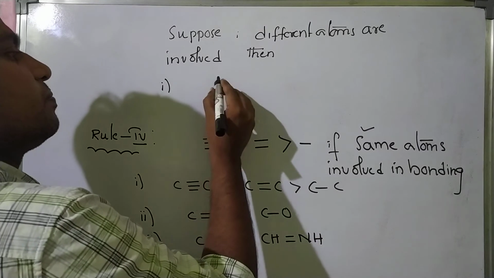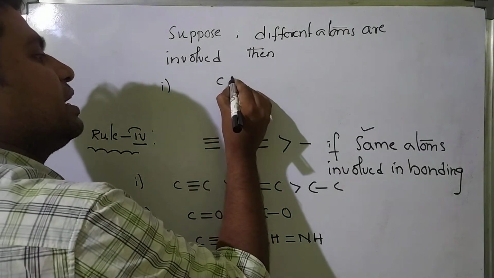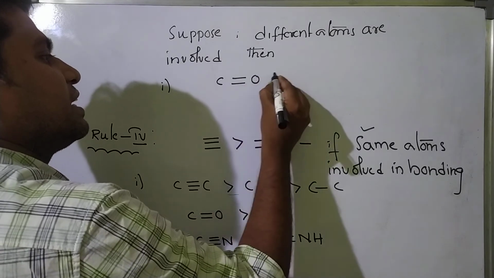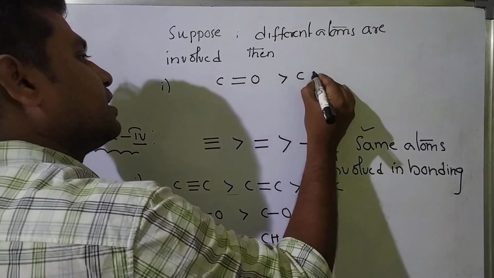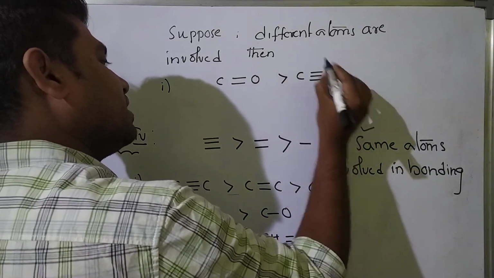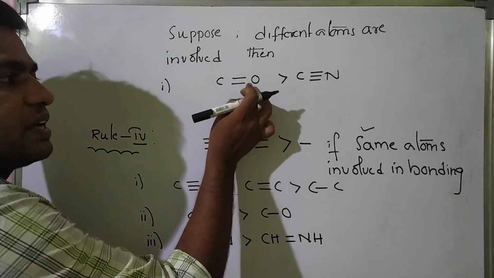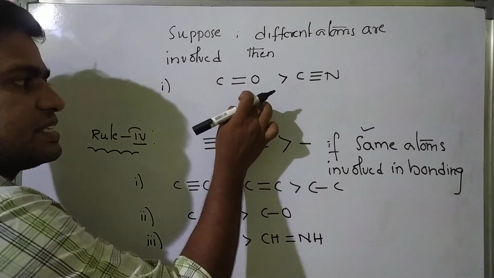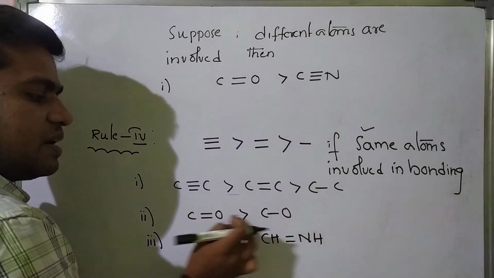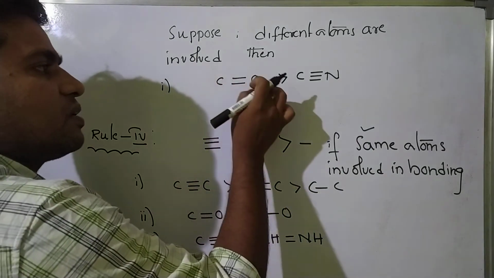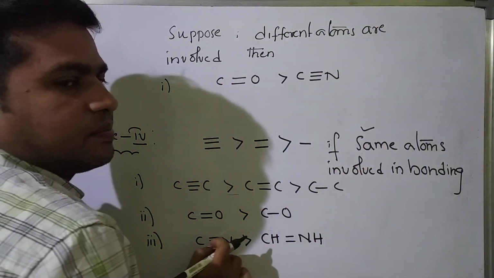For example, C double bond O is greater than C triple bond N. Please try to understand the difference between this set and the previous set. Here the same atoms are involved, but in this one it is carbon oxygen and in this one carbon nitrogen.